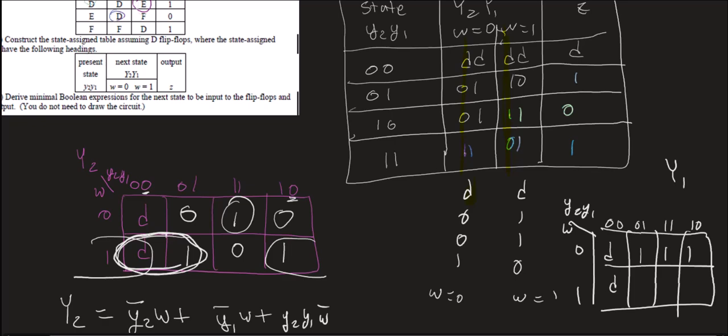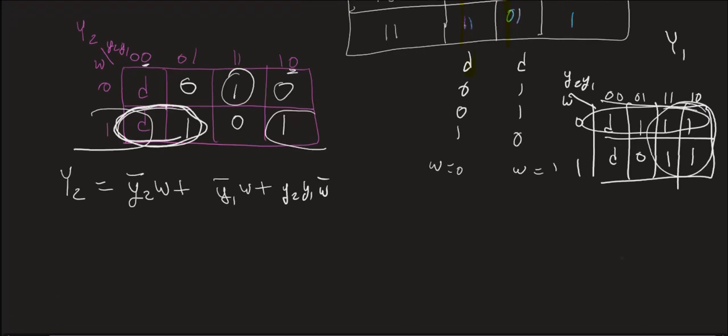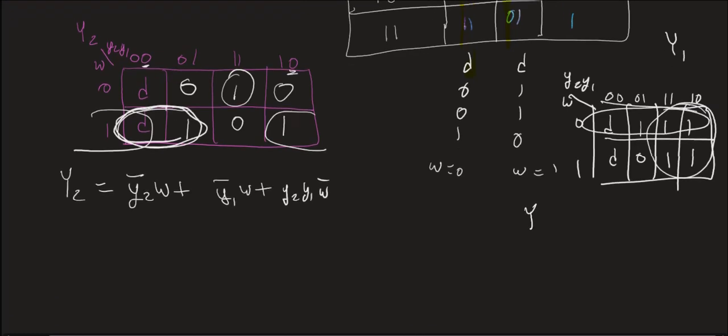And when w equals 1, the only one that's a 0 is 0, 1. So we have this group of 4 and this group of 4. So y1 equals that top row, which is w bar, or this group of 4 over here, which is y2.